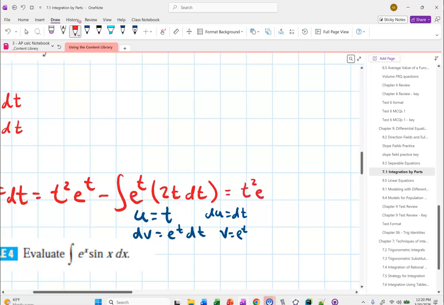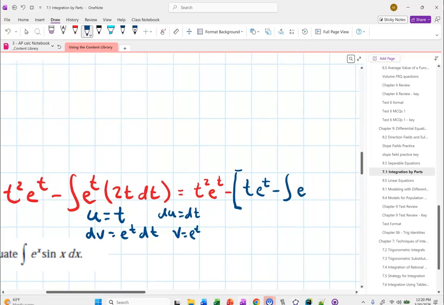So we still have this t squared e to the t and the minus, and now our new integration by parts, uv minus the integral of v. I have that 2 sitting there.